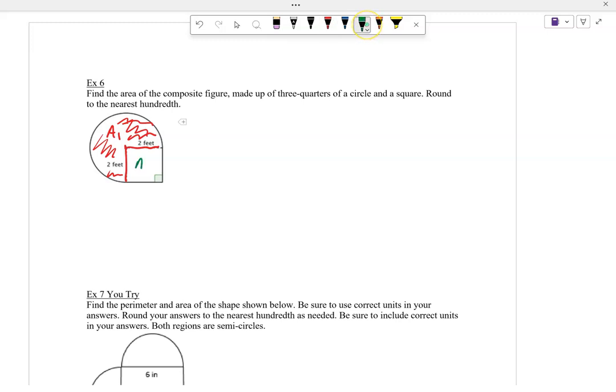And then let me do in green area 2, which is that little square. So the total area is area 1 plus area 2. And area 1 is 3/4 of the area of the circle. All right, it's only 3/4 of it. And then this is the area of the square.